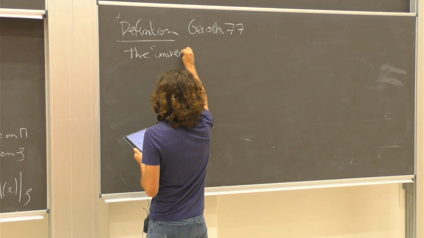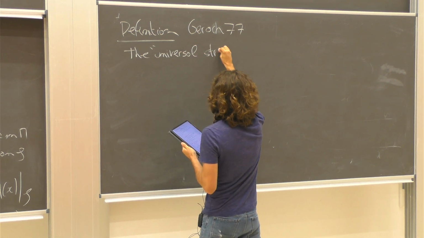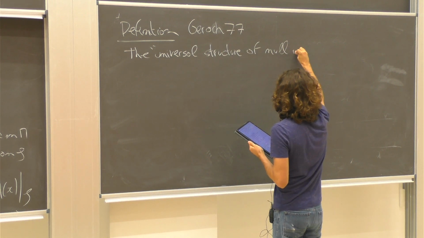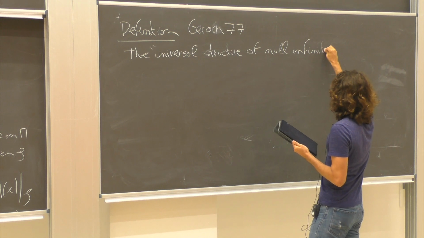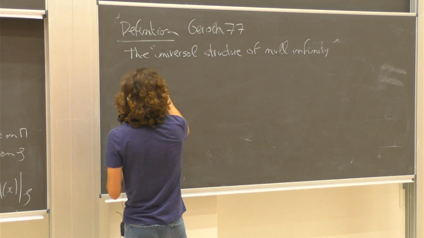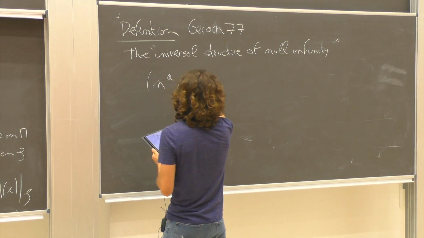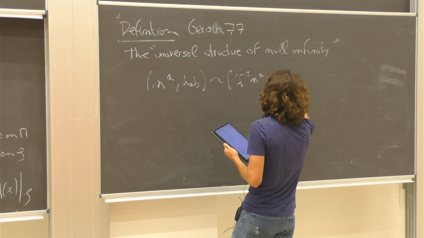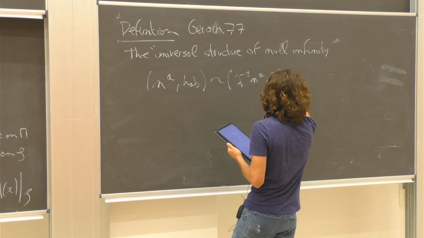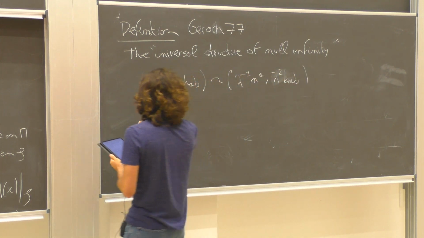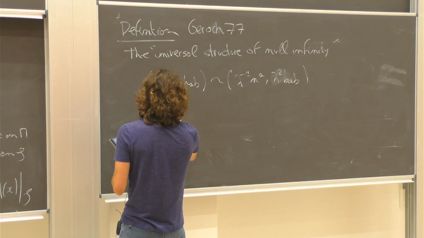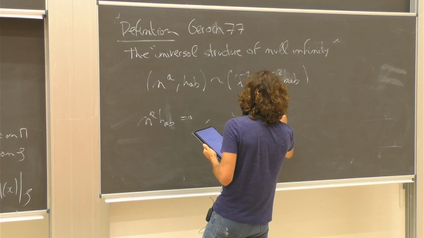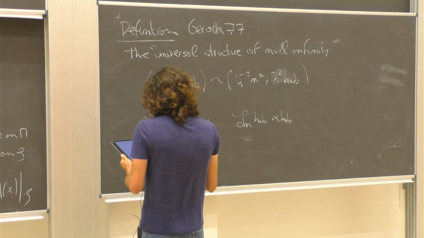So this is the universal structure of infinity. This is this pair of vector field and metric. They are conformal, so they are only defined up to this. And they satisfy these two conditions that I wrote up there. So one is in the kernel of the other, and the Lie derivative is proportional to h_ab.